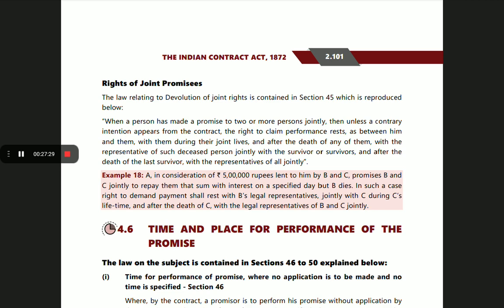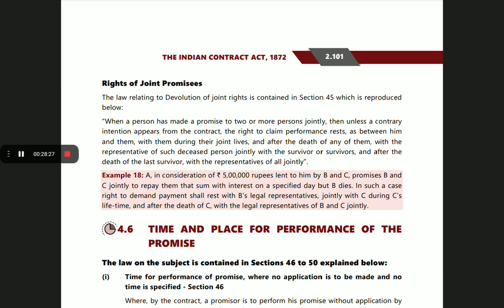When a person has made a promise to two or more persons jointly, then unless a contrary intention appears from the contract, the right to claim performance rests between him and them, with them during their joint lives, and after the death of any of them, with the representative of such deceased person jointly with the survivor or survivors, and after the death of the last survivor, with the representatives of all jointly.